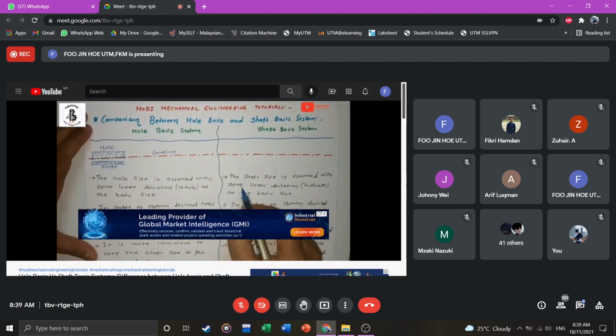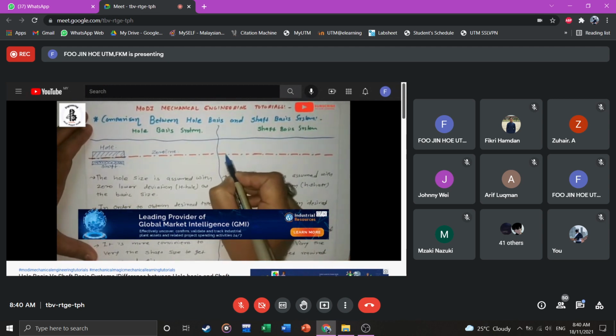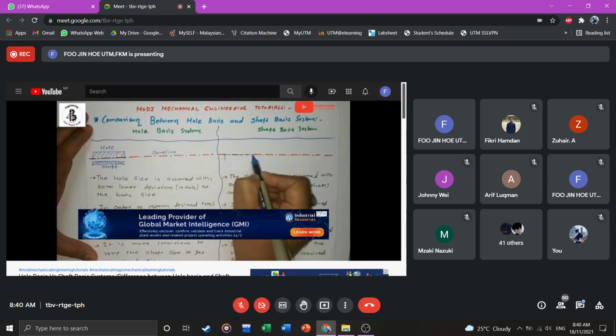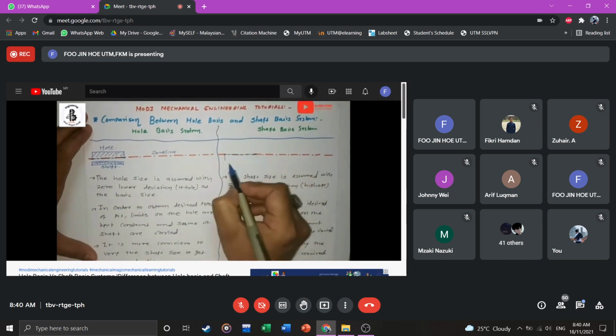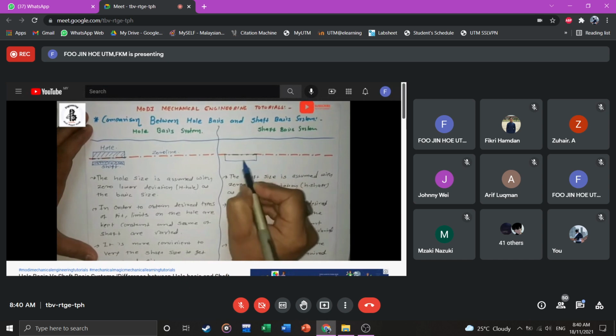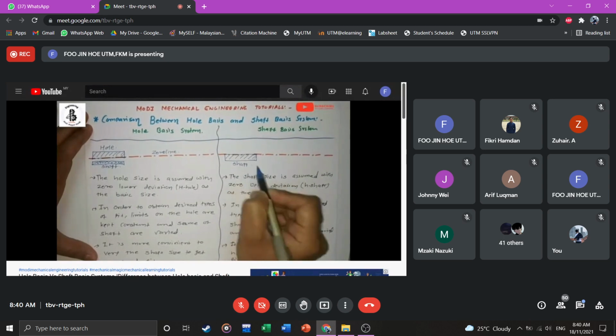Now for the shaft basis system, the shaft size is assumed with zero upper deviation, or you can say small h shaft as the basic size. So what happens for the shaft basis system?